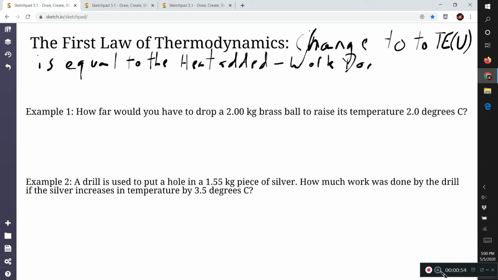So as a formula, delta U, the change in thermal energy, is equal to Q minus W.